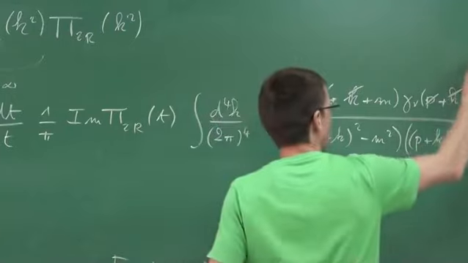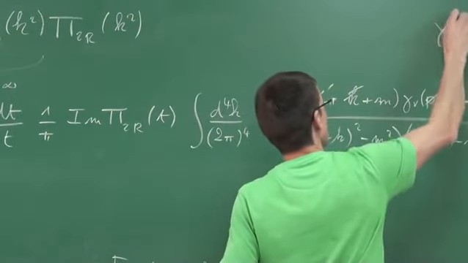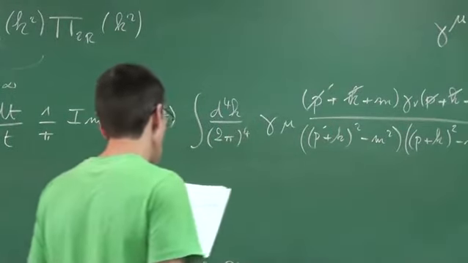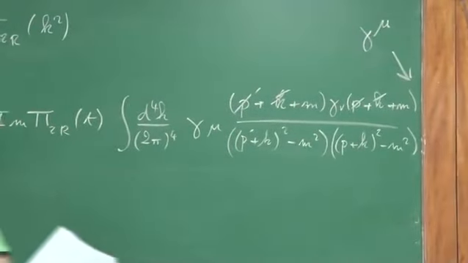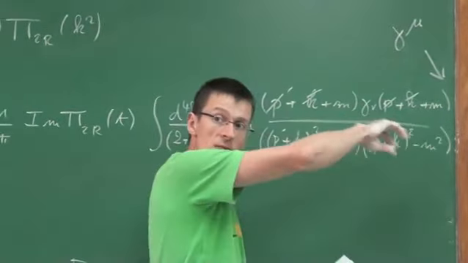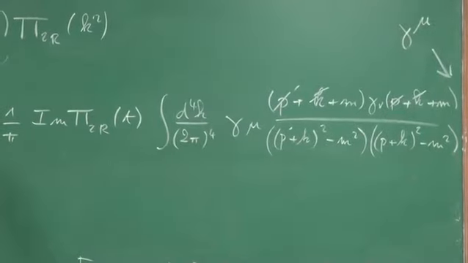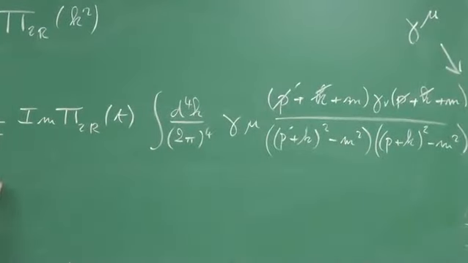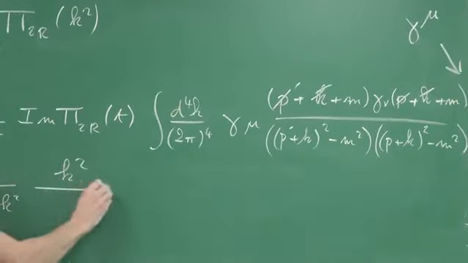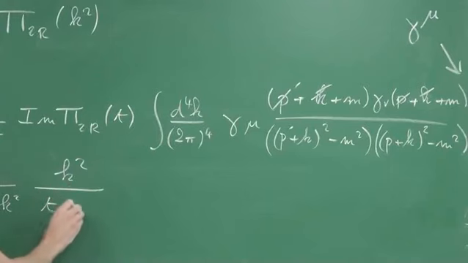There is gamma mu, and this time we have the k squared, but there are some k squared in the numerator, so the only thing that stays is this 1 over s minus k squared times k squared over t minus k squared.